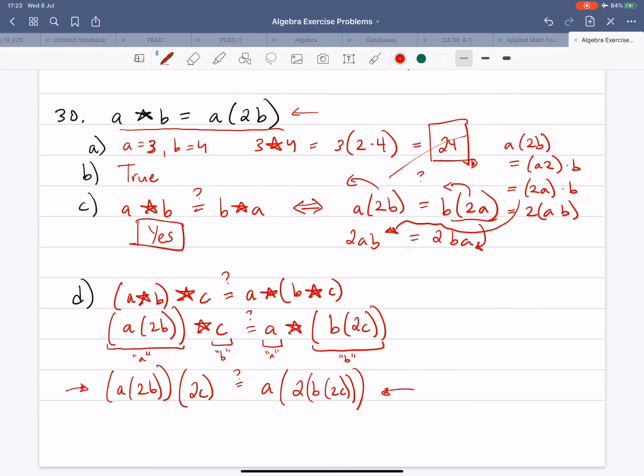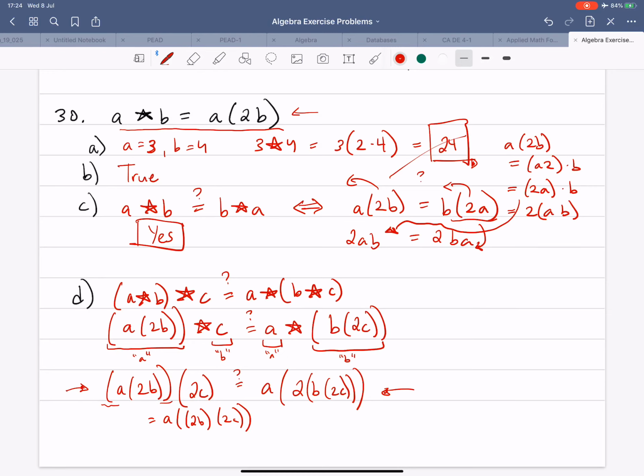The expression on the left is going to be the same as A times 2B times 2C, right? I'm just moving these parentheses. I'm going to group the 2B and the 2C instead of the A and the 2B.